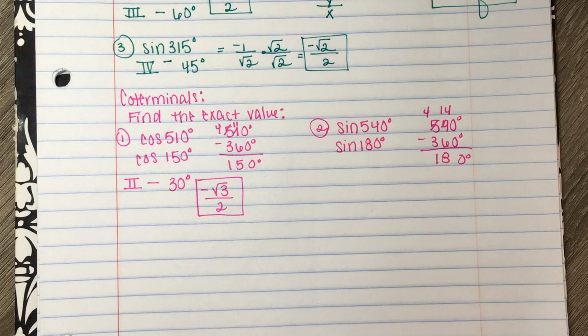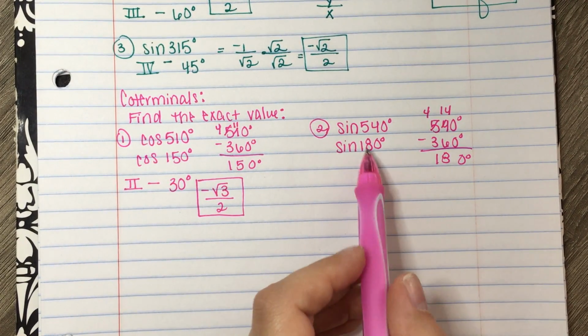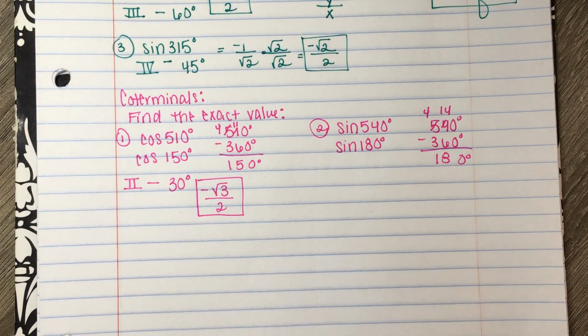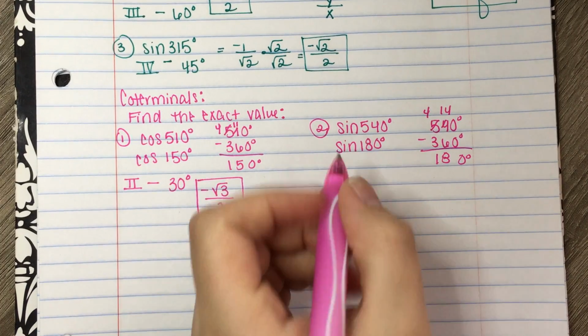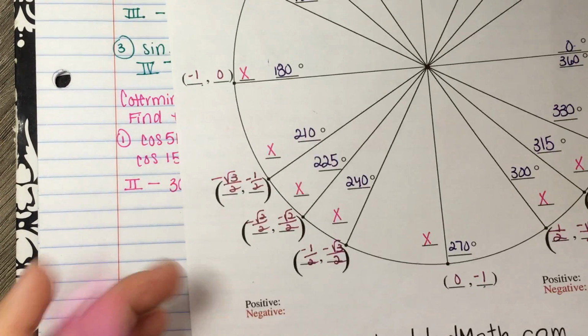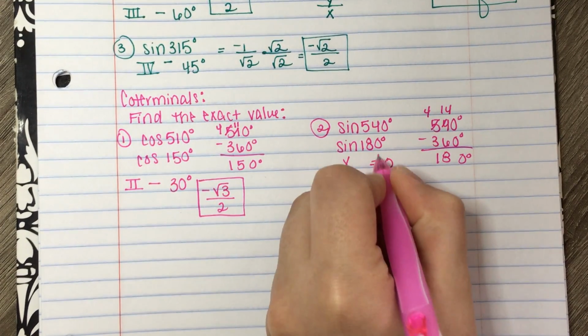So I'm able to evaluate that. And then now bells should be kind of going off in your head, beep, beep, beep, that 180 degrees is a quadrantal angle, which means I'm going to be looking at the y-coordinate on my unit circle. And then I could pull out that y-coordinate, and that y-coordinate is 0, and there's my answer.